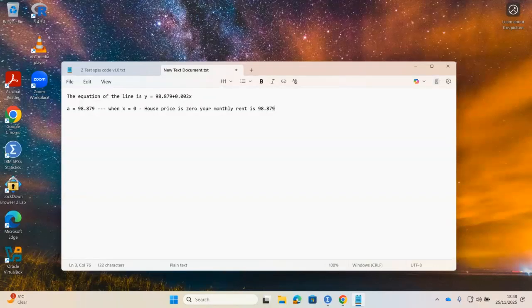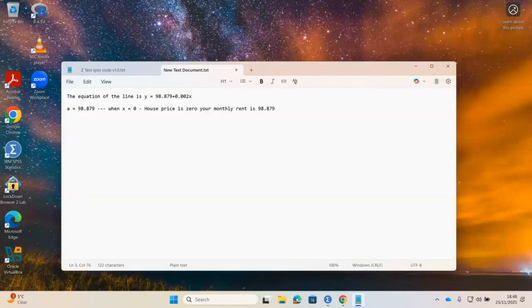So it means if you live in a really bad house, the minimum rent you will pay is 98.879, if the house is like no value. When the house price is 0, you're expected to pay a rent of 98.879.